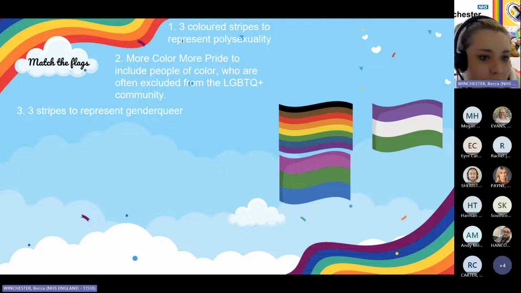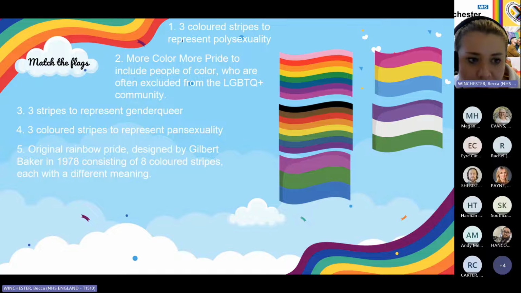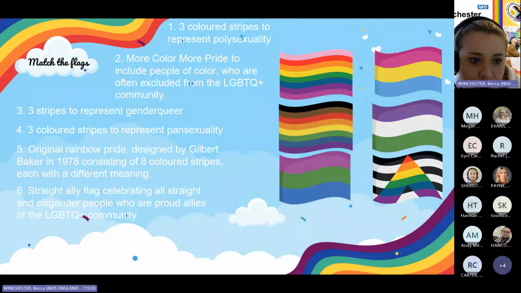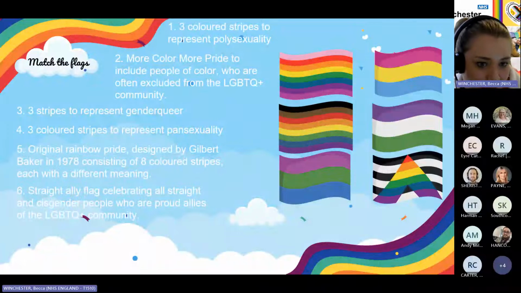Statement 3 matches flag 4, so 3 stripes that represent genderqueer. Statement 4 is flag number 2, 3 coloured stripes to represent pansexuality. Statement 5, our original Rainbow Pride flag matches flag number 1. And finally, statement 6, our straight ally flag matches flag number 6.